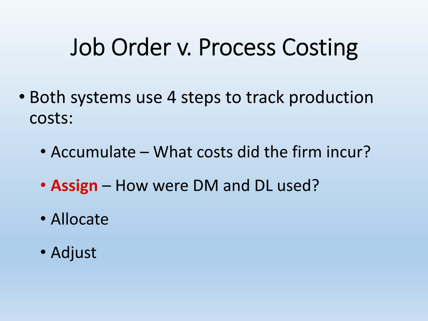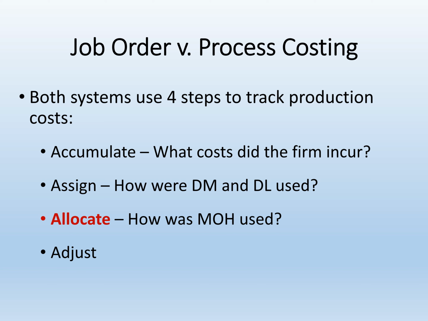The second step is to determine how the direct materials and direct labor were used. Remember, these costs are traceable. That means that we have good paperwork so that we know where these costs went.